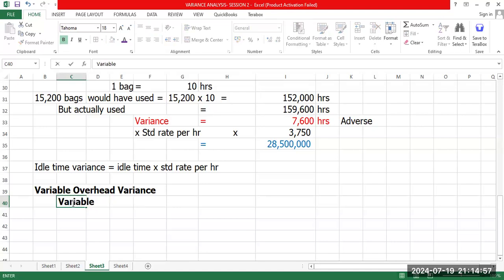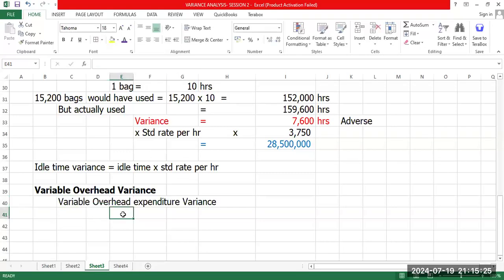Variable overhead efficiency variance. No, we start with the expenditure. Variable overhead expenditure variance.